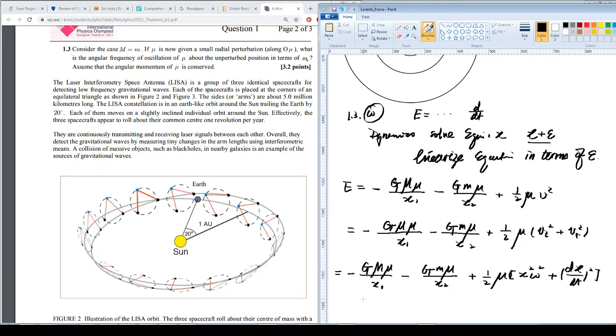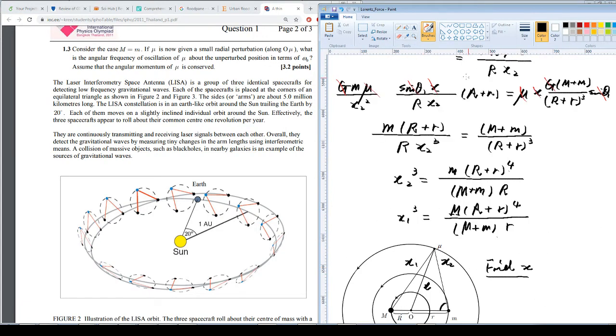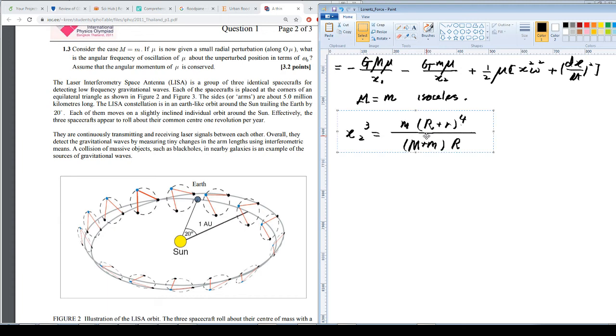We should also use the fact big M is equal to small m. So it should be an isosceles. I guess at this point it would also be useful to plug in the numbers and solve for one of the heights here.